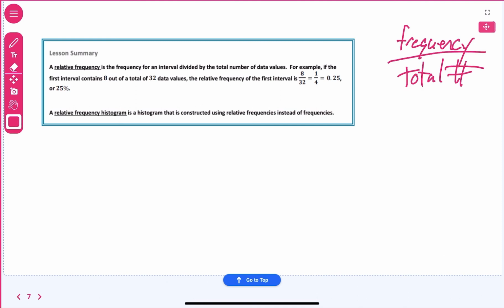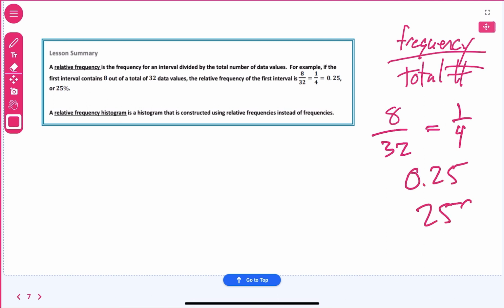For example, if the first interval contains 8, and the total is 32, we would get 1/4 reduced, so that is 0.25 or 25%. A relative frequency histogram is a histogram that is constructed using relative frequencies instead of frequencies. That's the only difference.